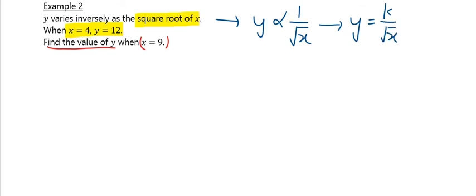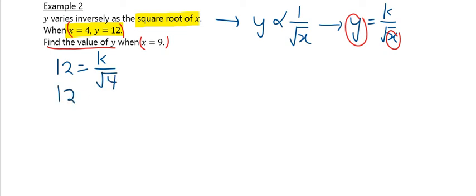Now let's use the first pair of values that are given to us. You change y and x, so it will become 12 equals k over square root of 4. So 12 equals k over 2, and you know that they will be multiplied to each other.